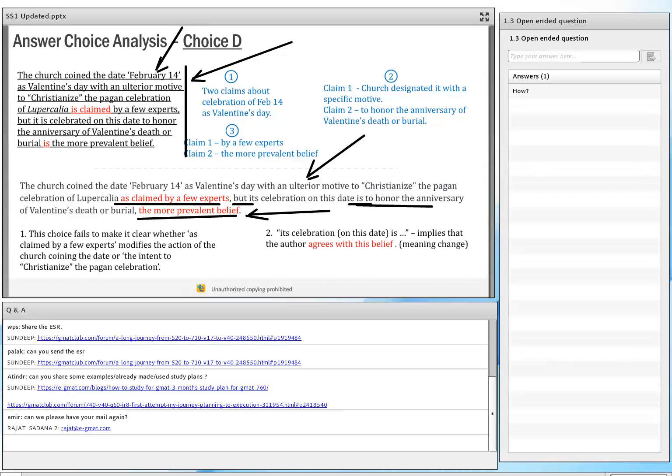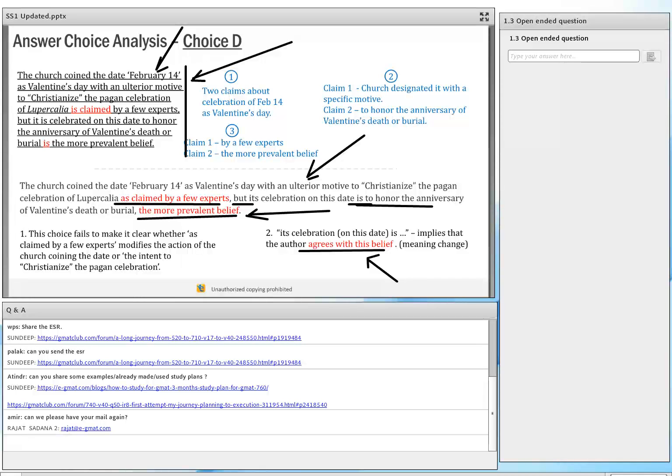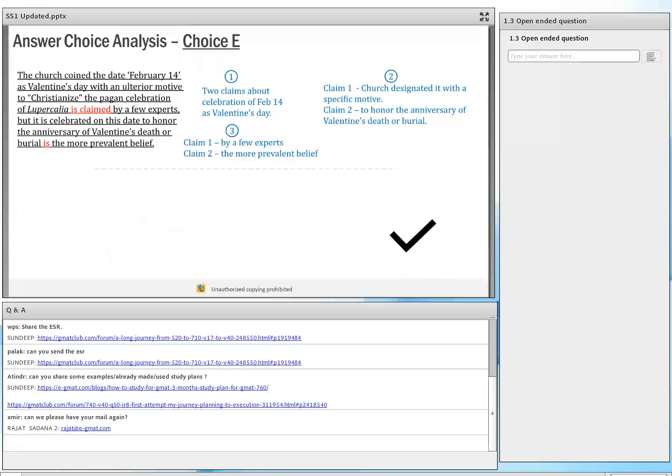So, its celebration on this date is, when you look at this, is to honor. What this means is the author agrees with that belief, and in the original sentence, the author doesn't agree with this belief. If you want to know how, we have a GMAT sentence correction webinar next week, in which I'm going to be happy to talk about this.